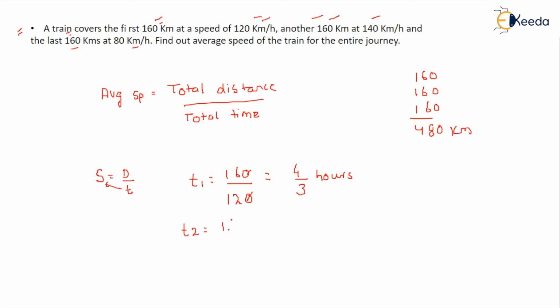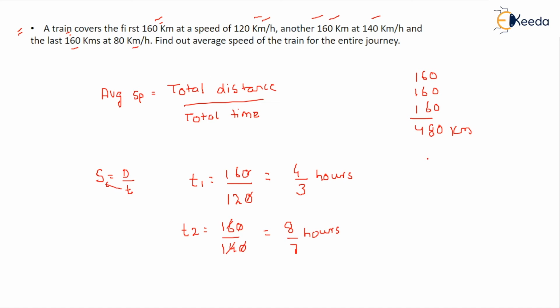The next 160 kilometers was covered at a speed of 140 kilometers per hour. This we can solve by dividing, and it comes out to be 8 by 7 hours. So 8 by 7 hours is time 2, the time required to cover the next 160 kilometers at 140 kilometers per hour.